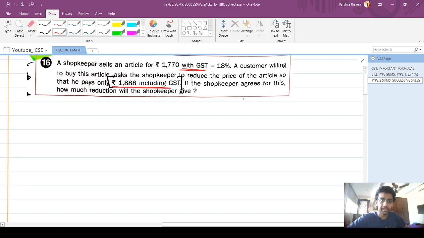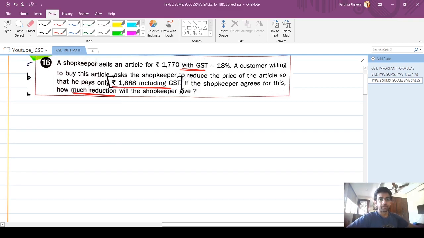If the shopkeeper agrees for this, how much reduction will the shopkeeper give? So we need to find how much discount the shopkeeper will give in order to meet the customer at his value. So the customer is basically trying to bargain with the shopkeeper. He's saying, Bhaiya, instead of giving me 1770 plus tax, give me this much total, including tax.